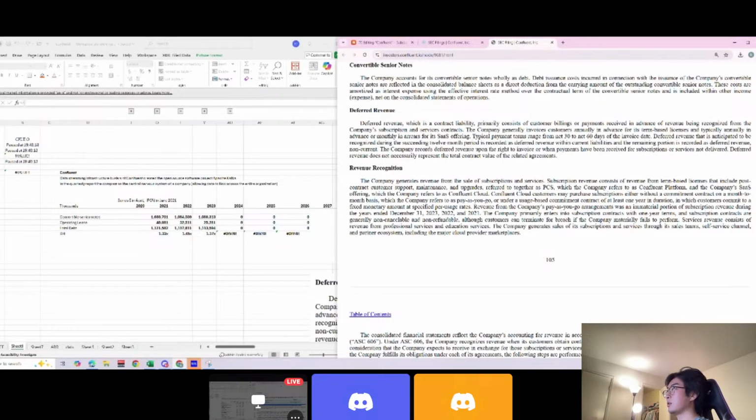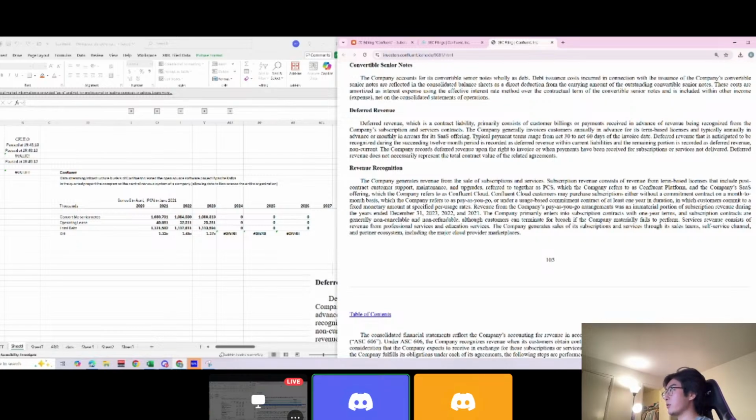Okay. The company primarily enters into subscription contracts with 1 year terms, and subscription contracts are generally non-cancelable and non-refundable, though customers can terminate for breach if the company materially fails to perform. Services revenue consists of revenue from professional services and education services.